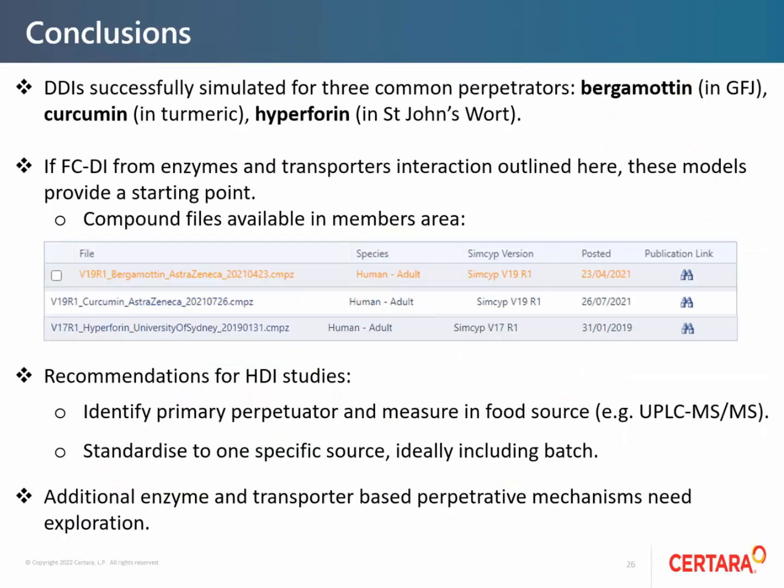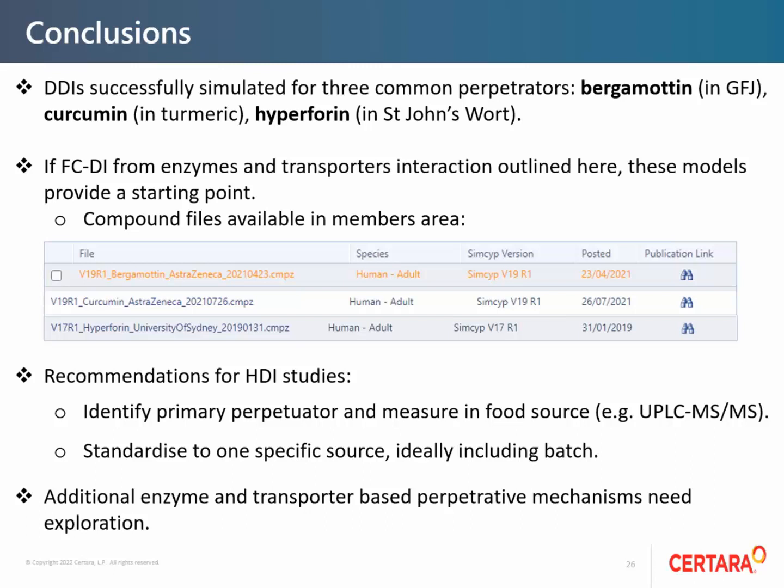So in conclusion, this work presented successful simulations of herb-drug interactions from bergamottin in grapefruit juice, curcumin found in turmeric, and hyperforin in St. John's wort. If you are also interested in the herb-drug interaction effects with the perpetrative mechanism specifically outlined in this presentation, then you can use the models yourself. They're downloadable within the Simcyp members area.